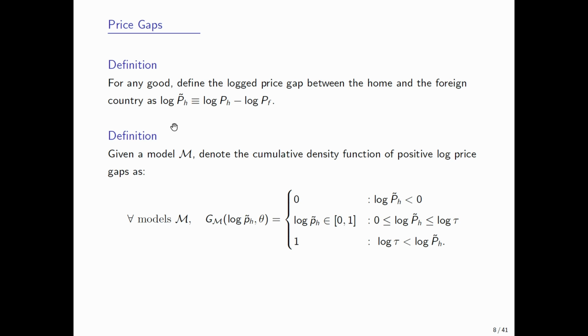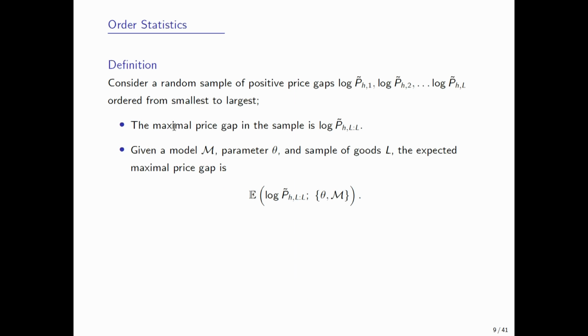First of all, that relative price in logs cannot be below 0, right? It's bounded at 0. On the top, it's bounded by the trade barrier, right? Because this is a no arbitrage condition. And then there's some mass in between. That mass in between 0 and the trade barrier effectively depends on the model, okay? I'm going to show you some pictures of what that mass looks like in a minute.